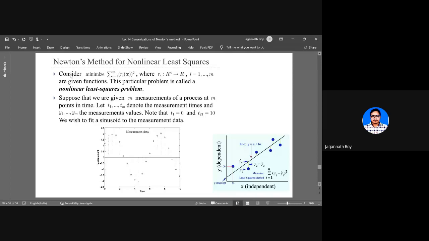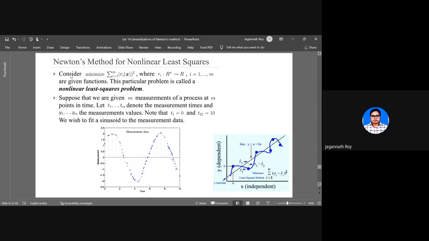Yeah, so here it is. If we have a data set of this form, then a non-linear least square can be of this sine function. Earlier we had seen, here also we can use, for example, this one.